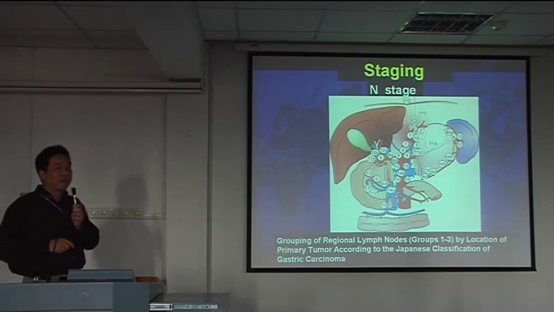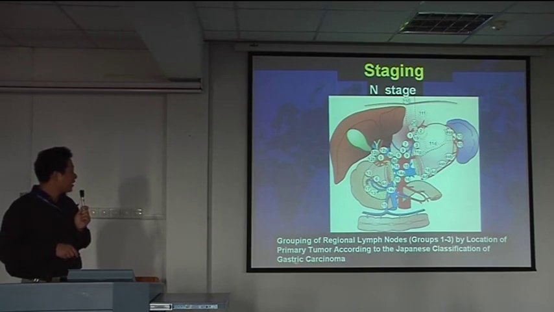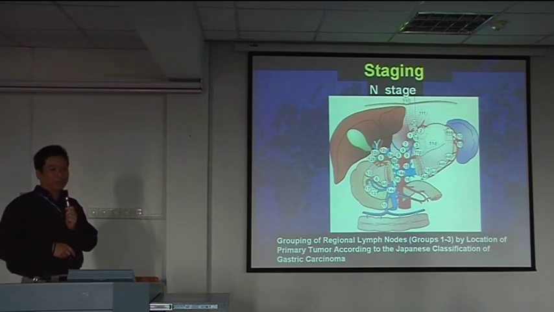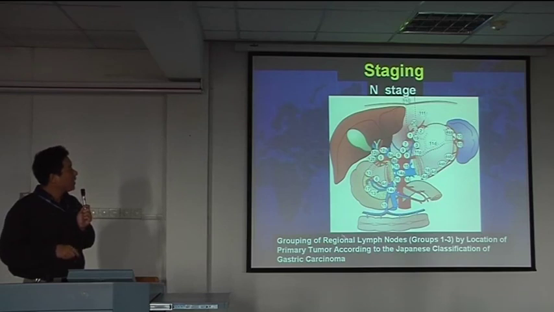It's very complex. Let's look at this. This is according to the Japanese classification of gastric cancers. There are totally 16 groups. 1, 2, 3, 4, 5, 6. Very complex.